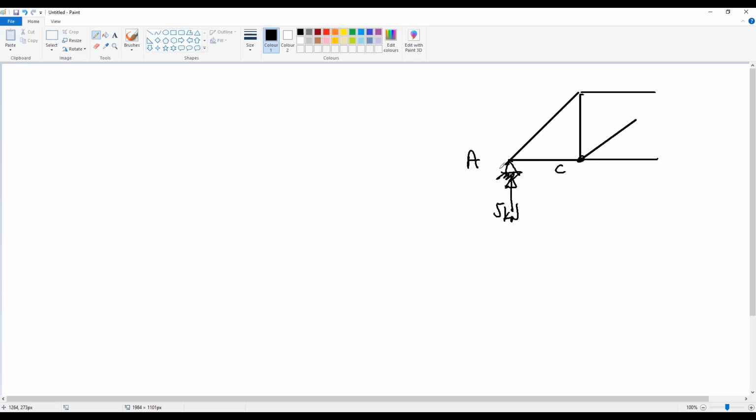Okay, 5 kilonewton, 30 kilonewton, 5 kilonewton go down. This distance is 2 meters. How much is the force we get here?